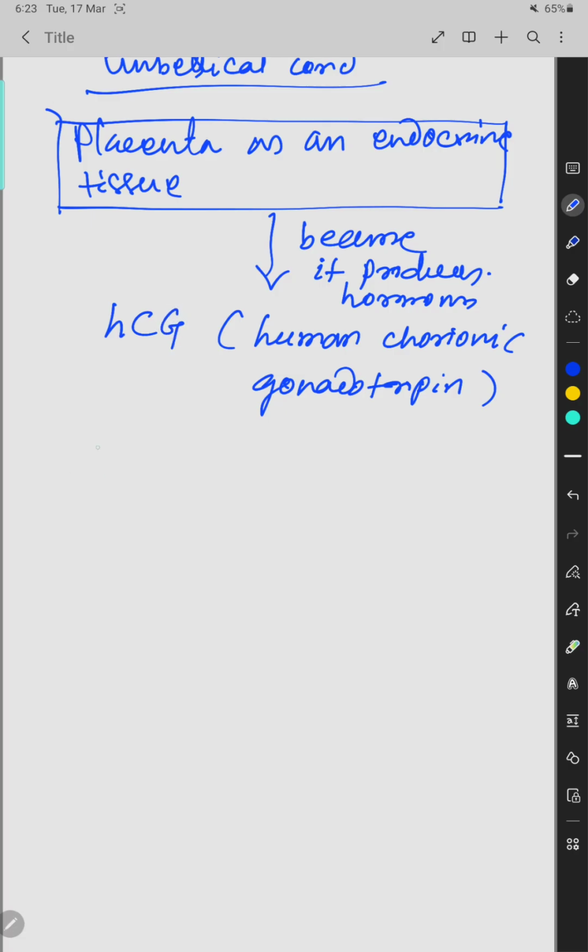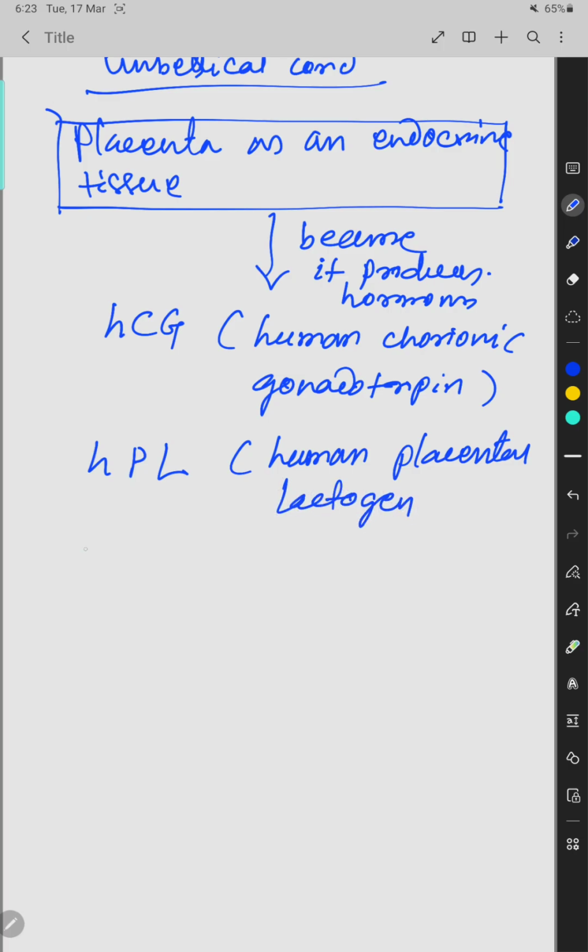Then HPL, the full form is human placental lactogen. Then besides that, it secretes estrogen, progesterone.